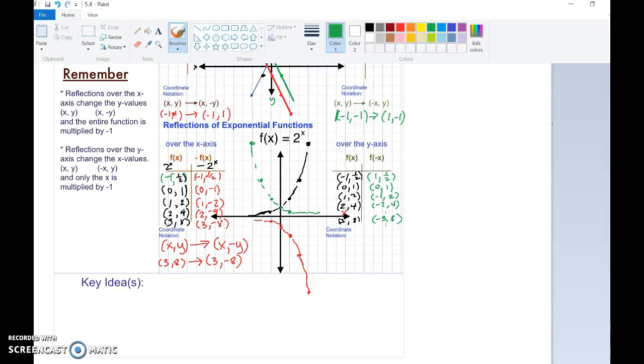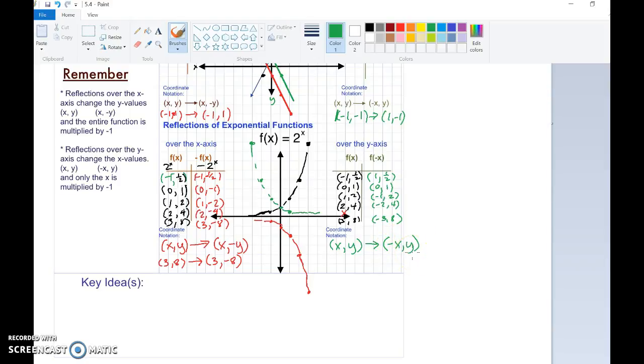What do you notice about these reflections? What happens to the points? Well, let's go ahead and write it. We've got x, y translates to what? It translates to negative x, y, right?